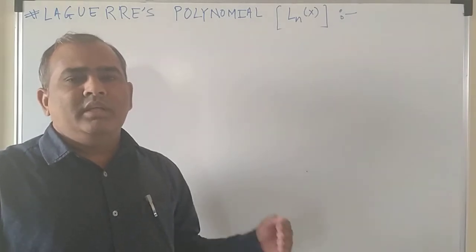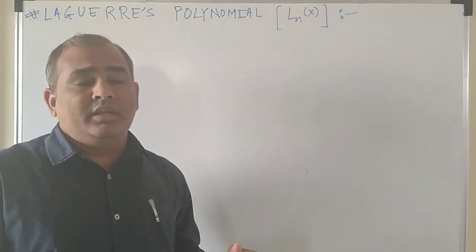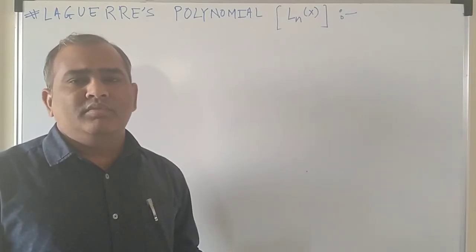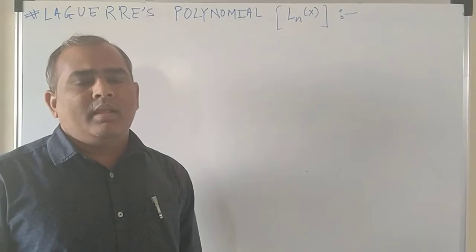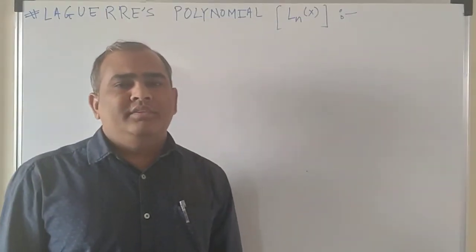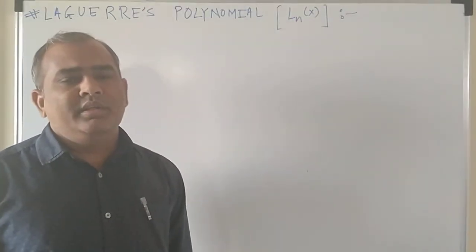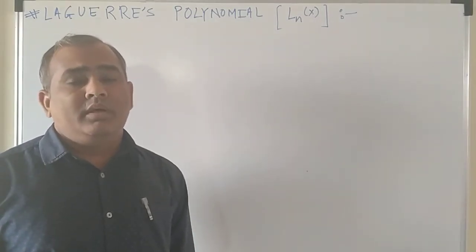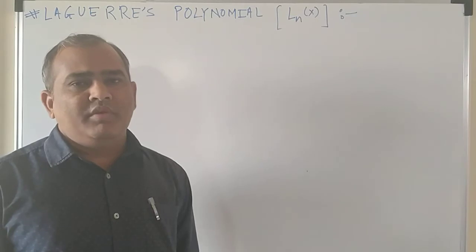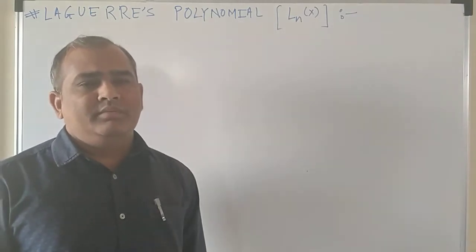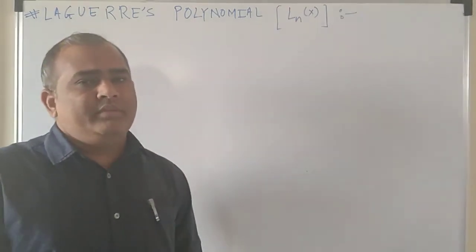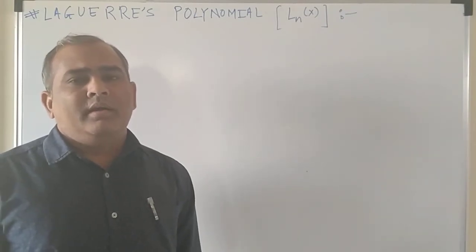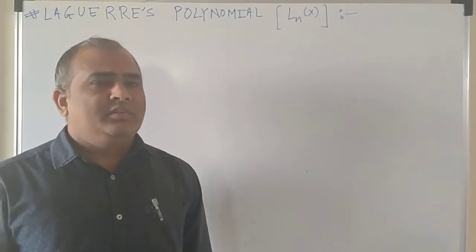That means we have to study the Laguerre differential equation, then its Rodriguez formula and its various properties and orthogonality property, along with the generating function of the respective polynomial. So this is the way of studying the respective polynomial, and once we finish this we have to study one more polynomial, that is the Bessel function, right?